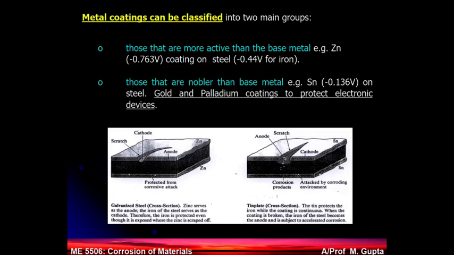So let's try to understand the concept behind these coatings which are more active than the base metal and which are nobler than the base metal. Example, zinc coating on steel and tin coating again on steel. Okay?